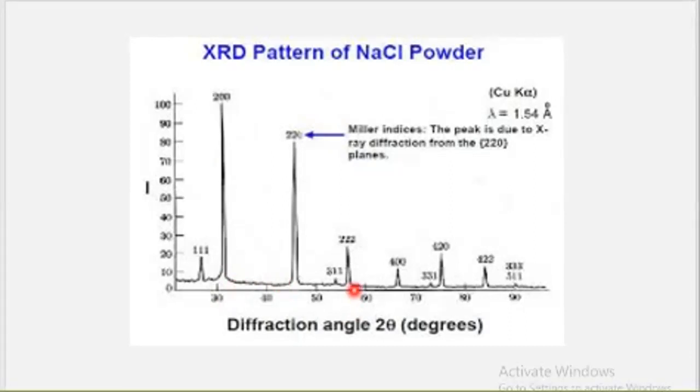And here we can see that most of the scattered waves are destructively interfering, and at these specific angles, like this and this and this, we are getting constructive interference among the scattered waves.